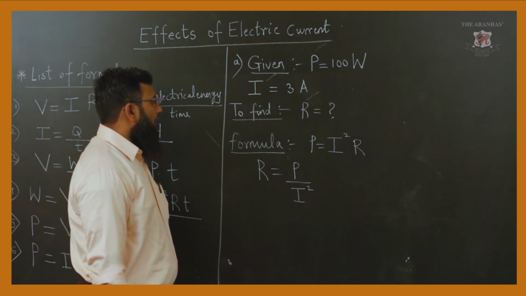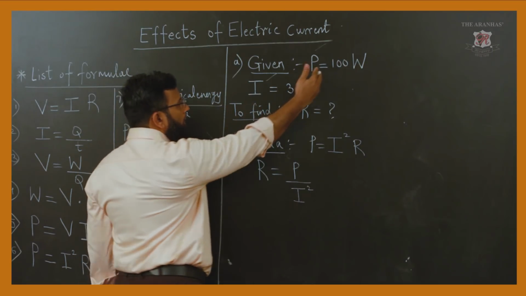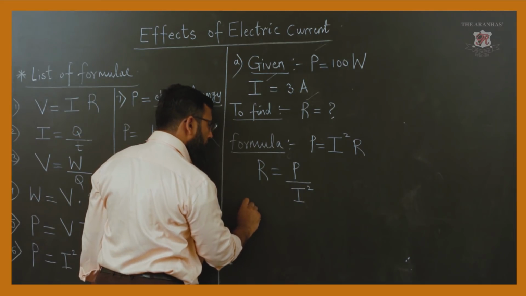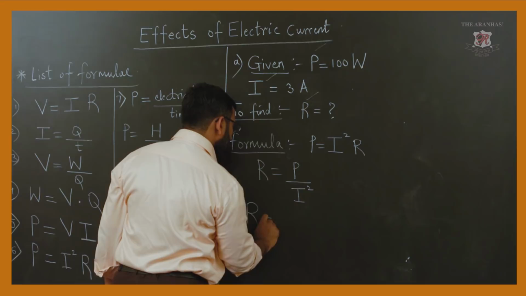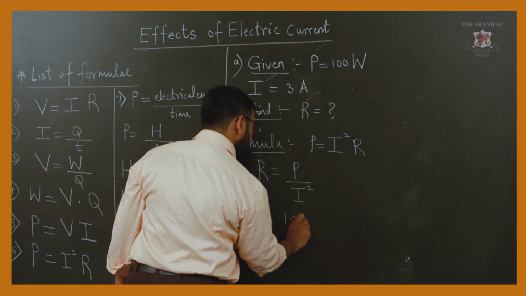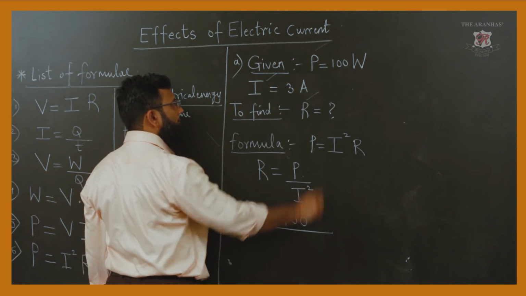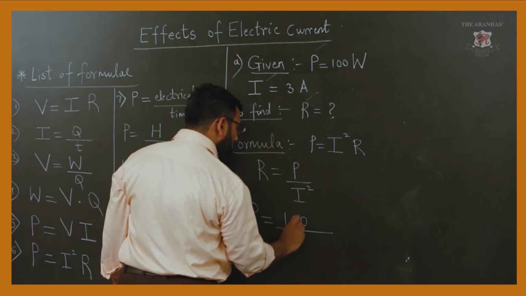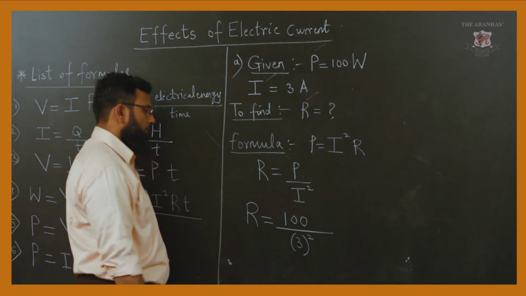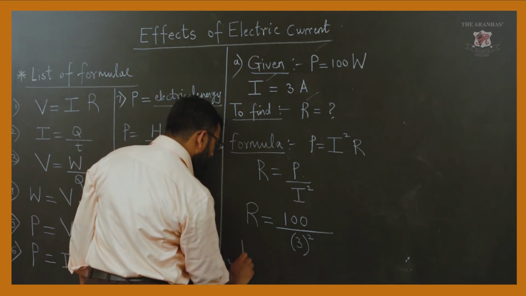We are already aware of the formulas. All those given values we will try to substitute in this formula, and we get R is equal to value of P, which is 100 watt, upon value of current, which is 3. So, we have to square it. Let us write the squared value of it.